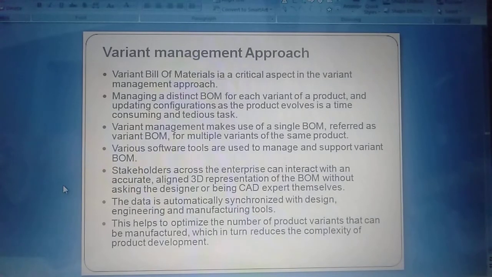Managing a distinct BOM for each variant of a product, and updating configuration as a product evolves, is a time-consuming and tedious task.